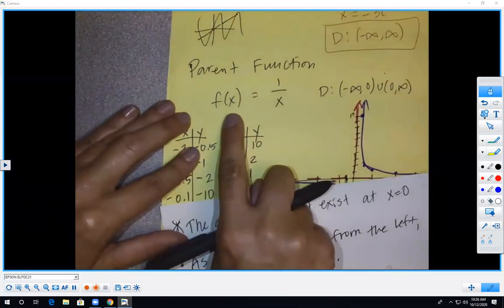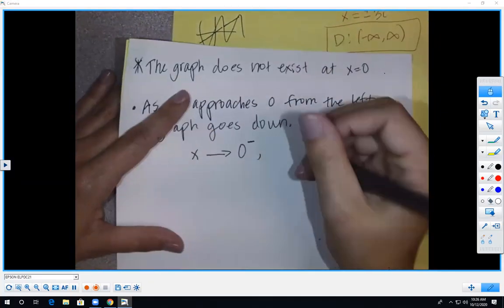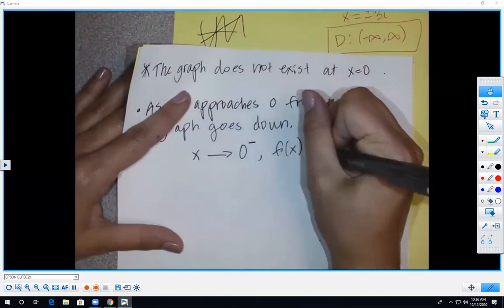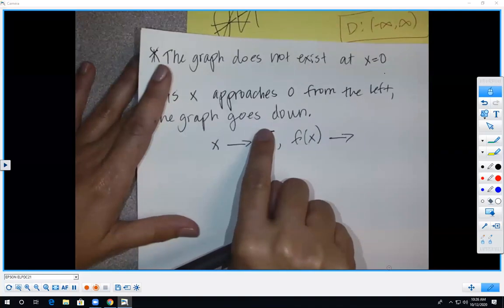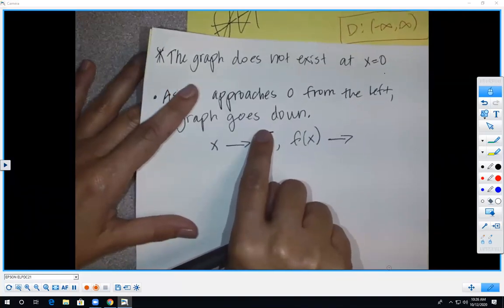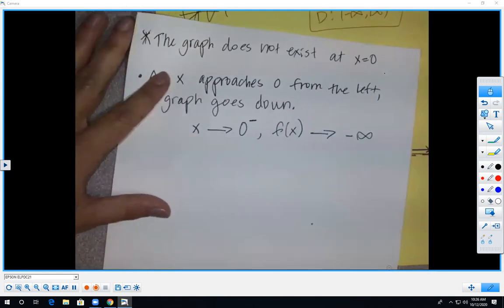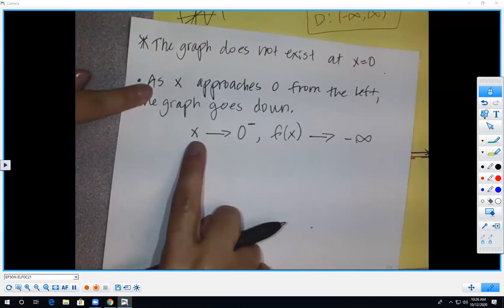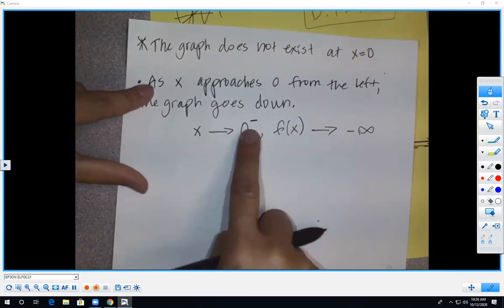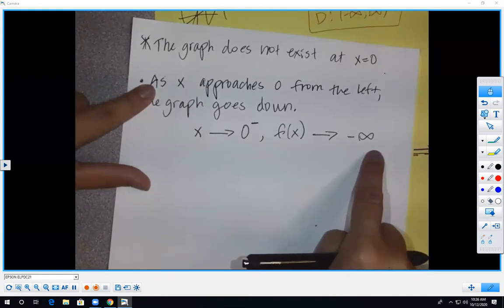What's the name of this specific graph? f of x, that's the name of a graph, right? So f of x approaches, goes down. What is it approaching? Negative infinity, because it's going down forever. So that is mathematical notation of the sentence we just wrote. As x approaches 0 from the left, our function f of x approaches negative infinity because it goes down.